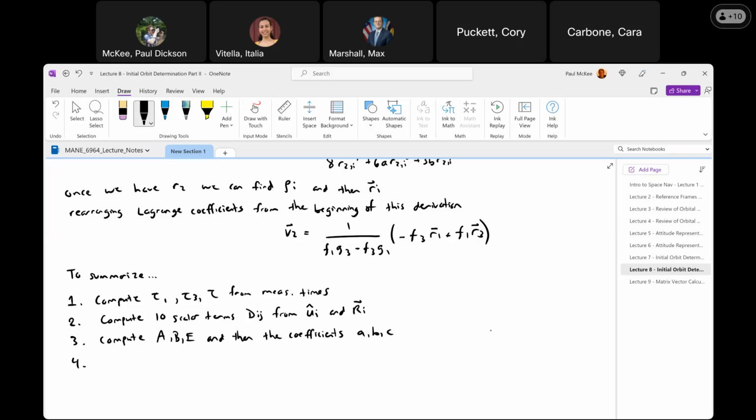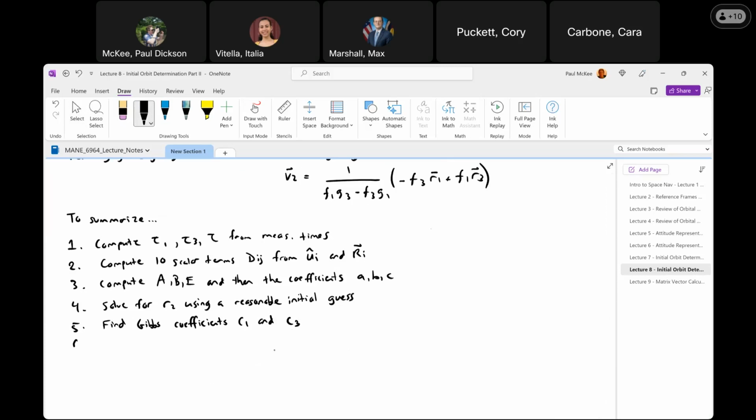Next, solve for the scalar R2 using a reasonable initial guess. Next is 5. Find Gibbs coefficients C1 and C3.